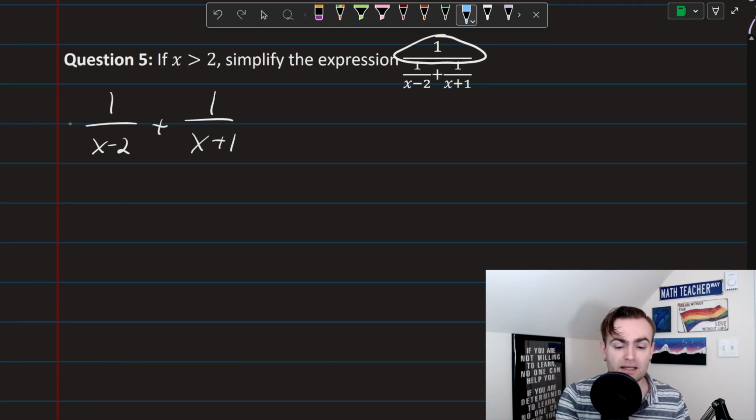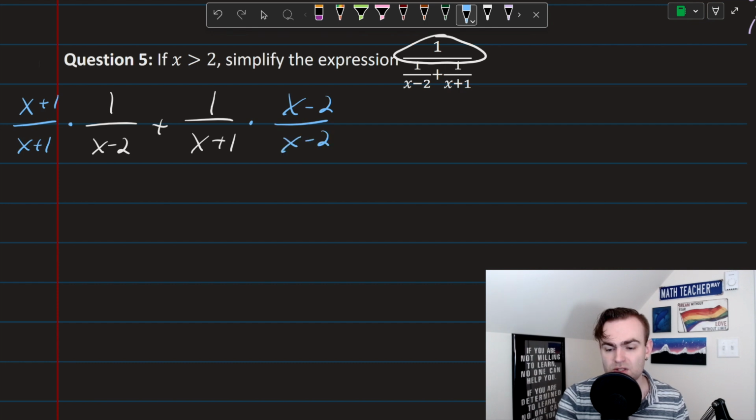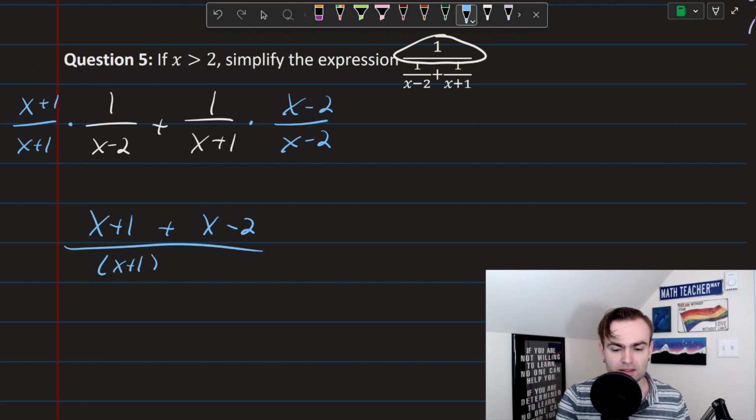We're going to multiply numerator and denominator by the missing factor, so x plus 1 over x plus 1, x minus 2 over x minus 2, which gives us, if we distribute the 1s, x plus 1 plus x minus 2 over x plus 1, x minus 2.